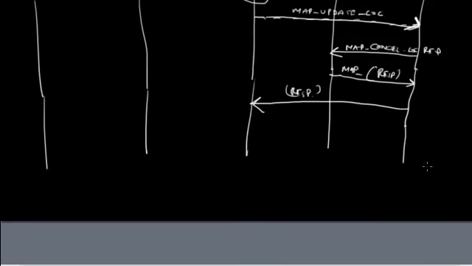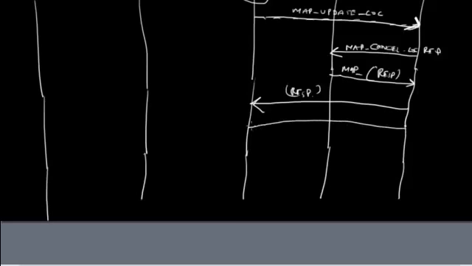At this point, we have a few areas left. The HLR actually sends an insert subscriber data request to the new MSC. So it's a map insert subscriber data request.